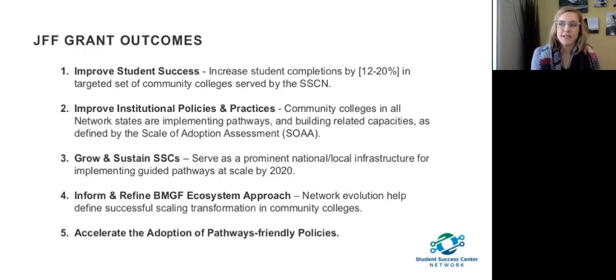This third one is grow and sustain the student success centers. This is not about how many centers can we add by the time we reach 2020, like trying to get the most centers introduced into the network.